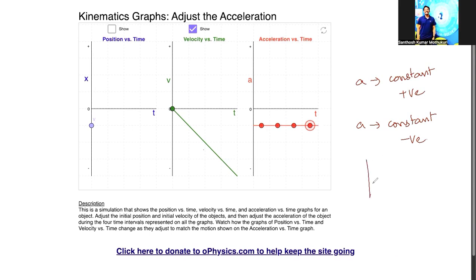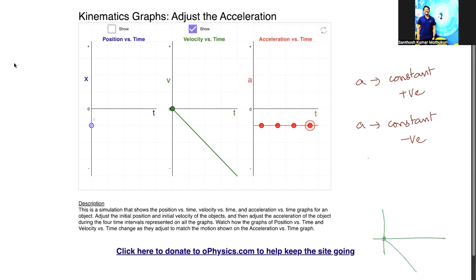That means in case you have acceleration versus time graph given like this, and you are asked to translate this to velocity time graph, you will have to keep two things in mind. Number one, acceleration is constant. That means the velocity versus time graph must be linear. And this is negative, which shows that it has negative gradient. That means it should be like this.